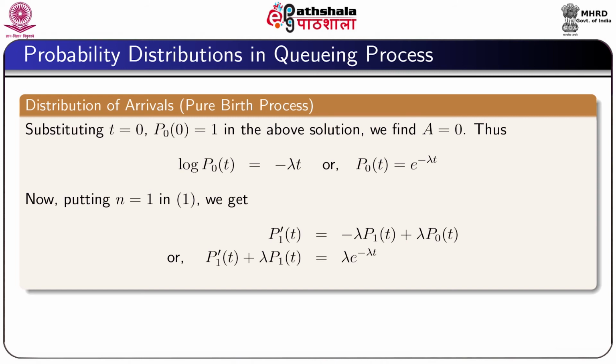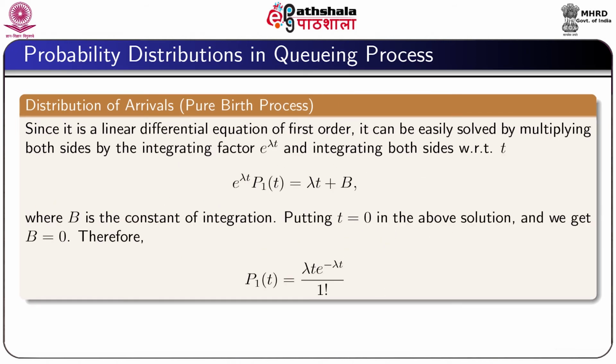Now, putting n equal to 1 in equation 1, we get P1'(t) equal to minus λ P1(t) plus λ into P0(t), and simplifying we get P1'(t) plus λ P1(t) equal to λ into e to the power minus λt.